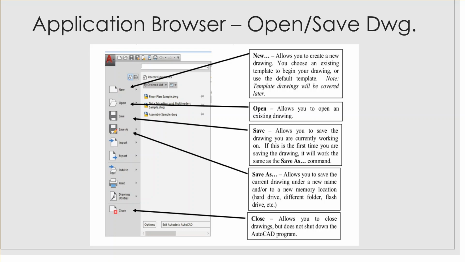When you're ready to save things, or save as, the same as if you were working in a Word document. And there's also some other icons in there, such as import and export, and obviously print. But then most importantly, that close tab, it allows you to close your drawing, but it does not shut down the AutoCAD program. It just takes you out of that particular drawing, and then you may want to open something else.